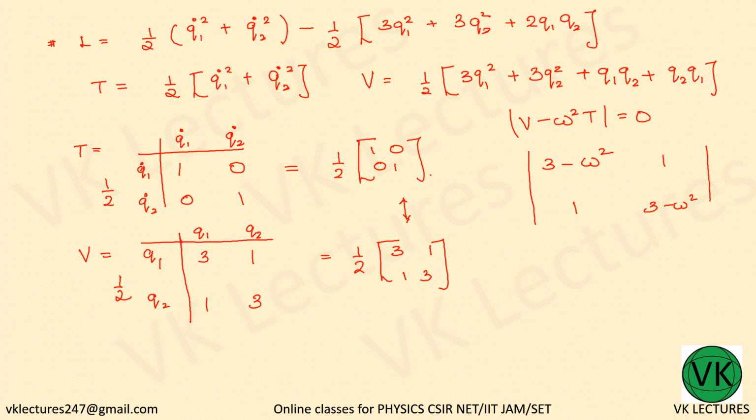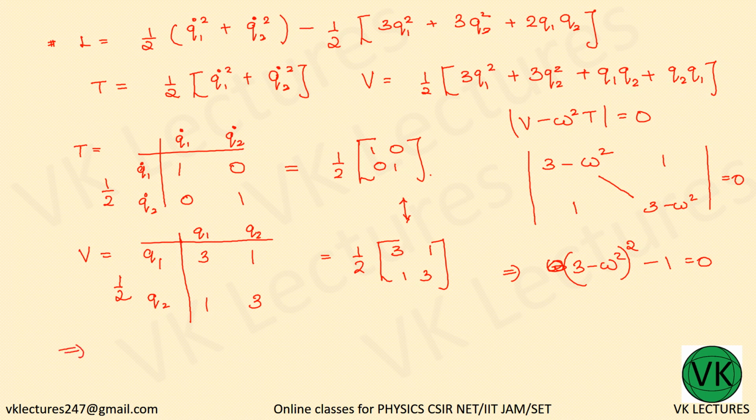The determinant of this should be equal to 0. To find the determinant, multiply these two and subtract this: 3 minus omega squared, squared, minus 1 equal to 0.